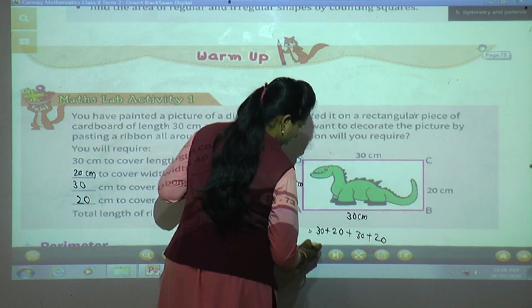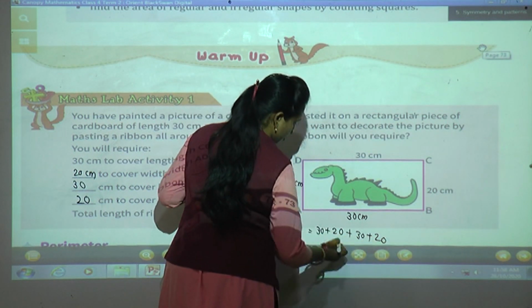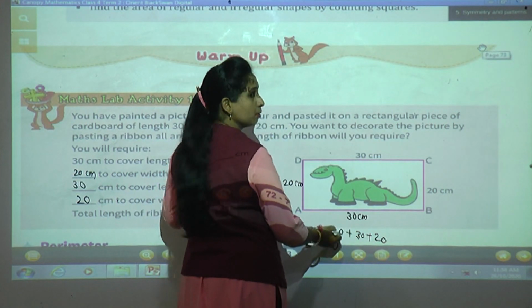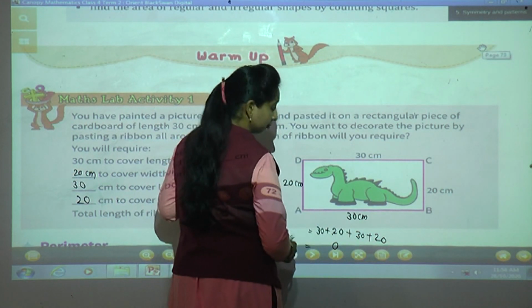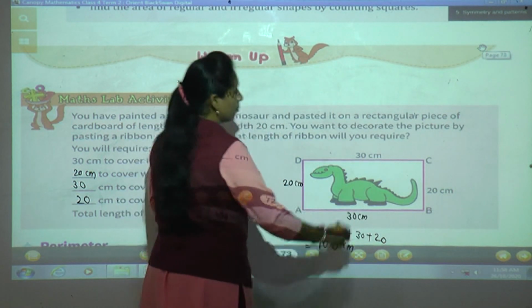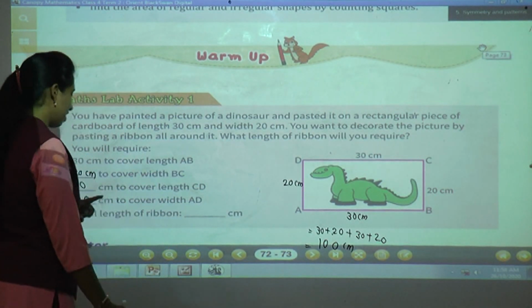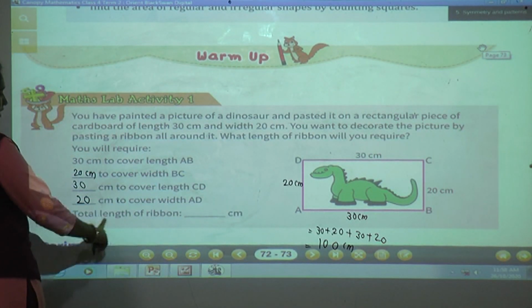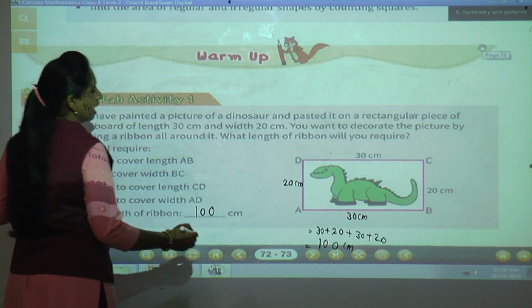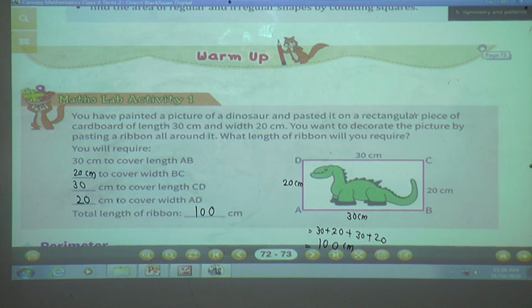If I add all together, 0, 0, 0, 0, then 2 plus 3 is 5, 5 plus 2 is 7, 7 plus 3, yes, 10. How many centimeters of ribbon you required? 100 centimeters. So write here, total length of ribbon we required is 100 centimeter.